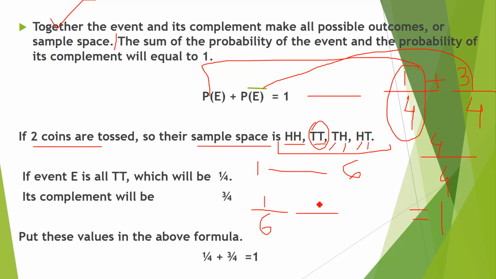What is the complement? All the remaining numbers except 5. So we will write 5 over 6 as the complement. When you add 1 plus 5, 6 over 6, again it is equal to 1. So it proves that the sum of the probability of the event and the probability of its complement equals 1.